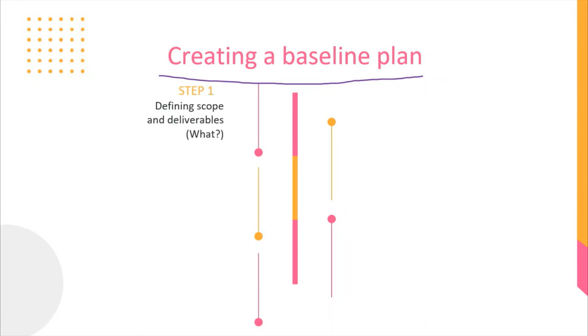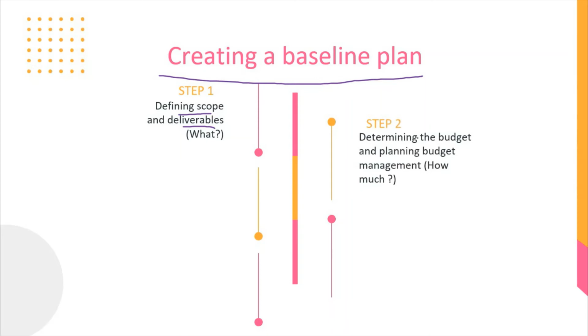First thing is defining scope. Now, we have already discussed this in our previous lecture, that scope is the list of tasks or list of activities that need to be done in order to achieve the project objectives. Okay? So first step is to define the scope and delivery.